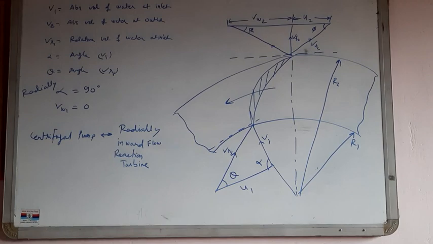But in case of radially inward flow reaction turbine, the work done by water on runner per second per unit weight of water striking per second is given by the equation.